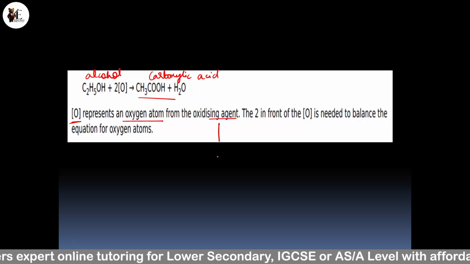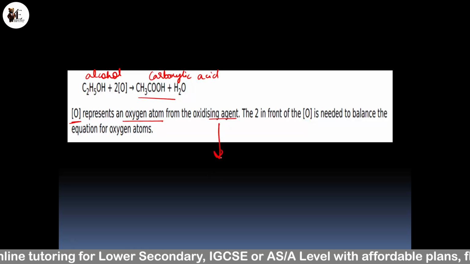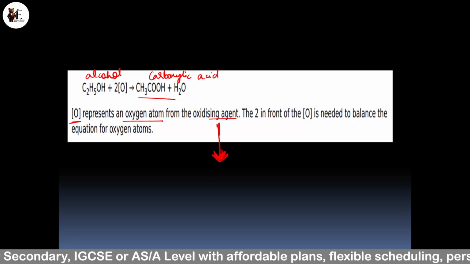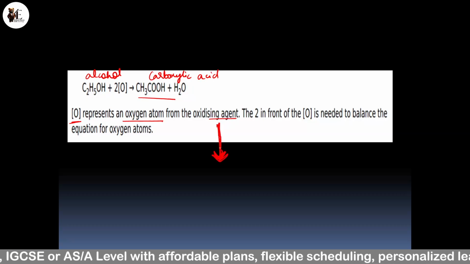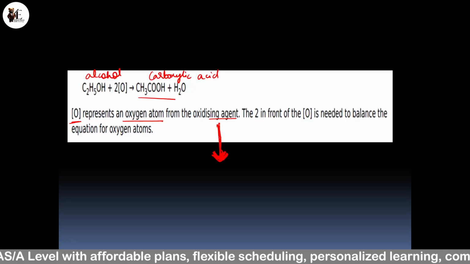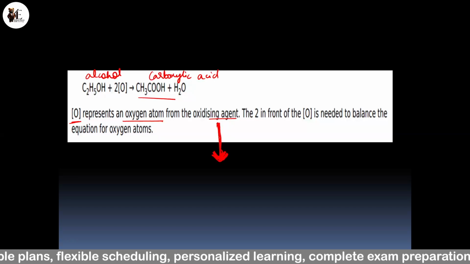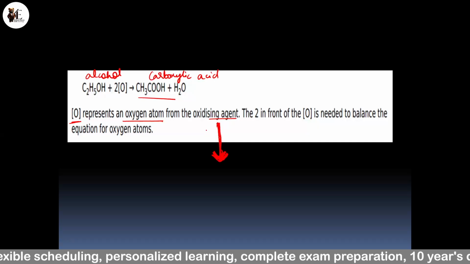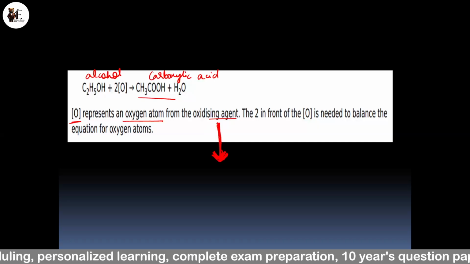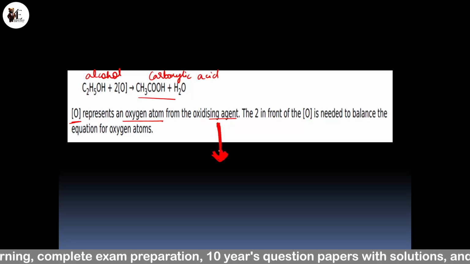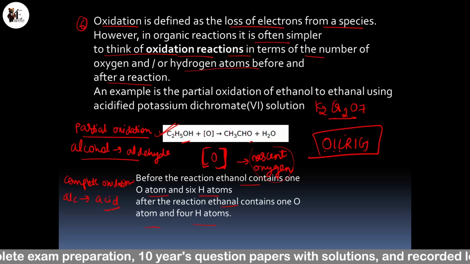What is the oxidizing agent we have used here? Tell me. Which oxidizing agent we have used in this reaction? Potassium dichromate, guys.